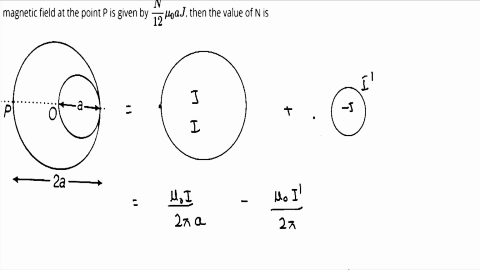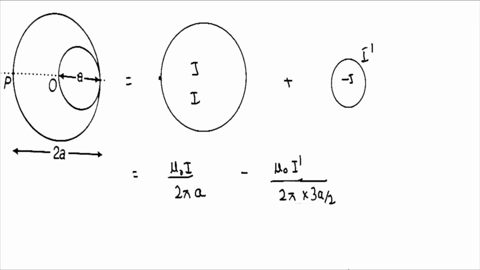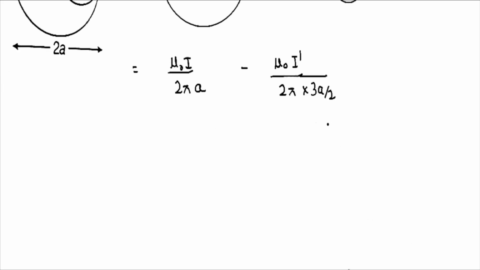Now what would be the distance from this center to this point? It would be A plus A by 2, that means 3A by 2, so 3A divided by 2. We can put it like this. Okay. Now I dash and I, what are their values in terms of current density?